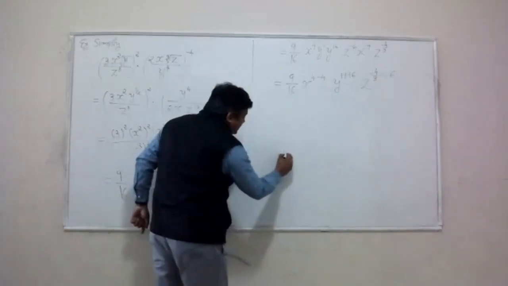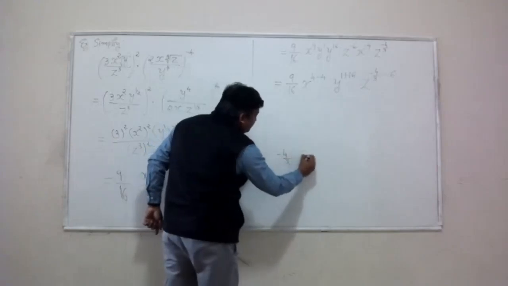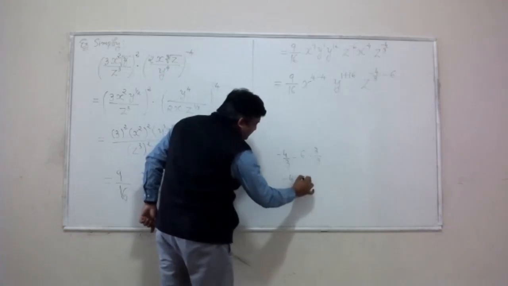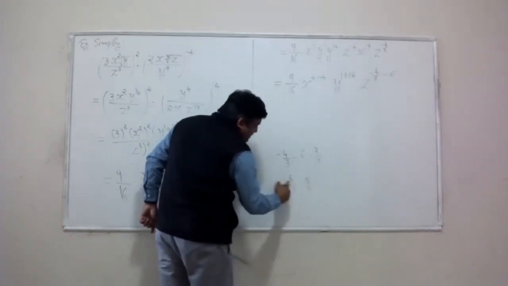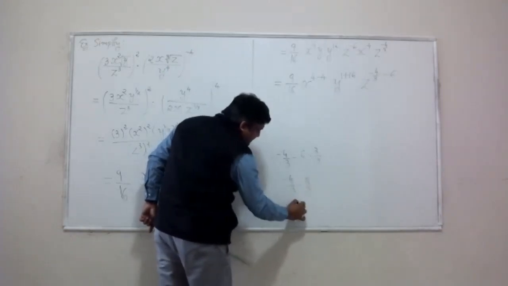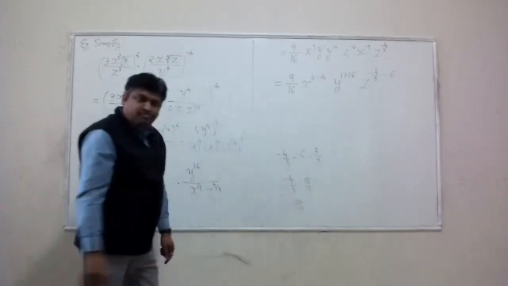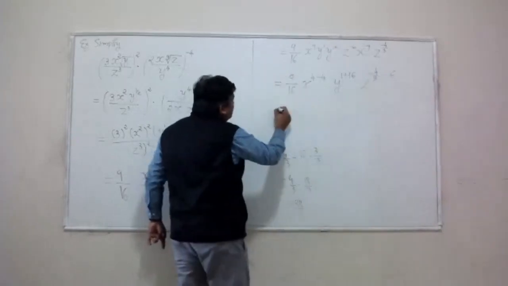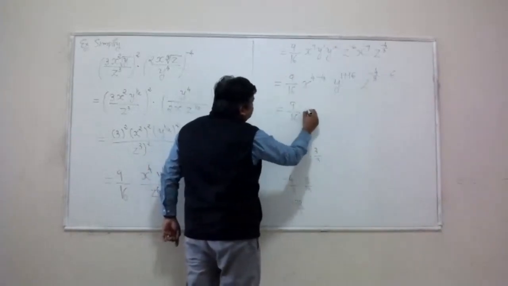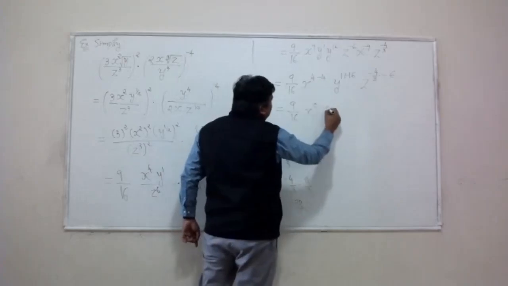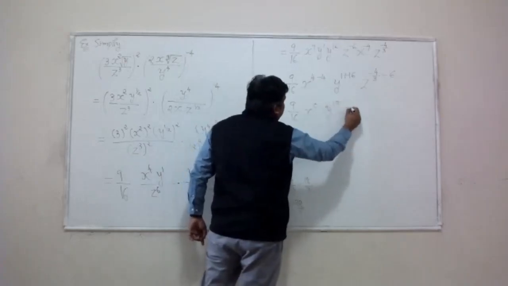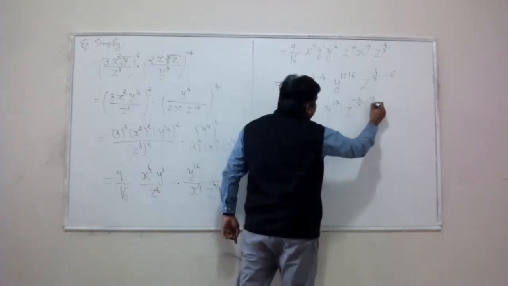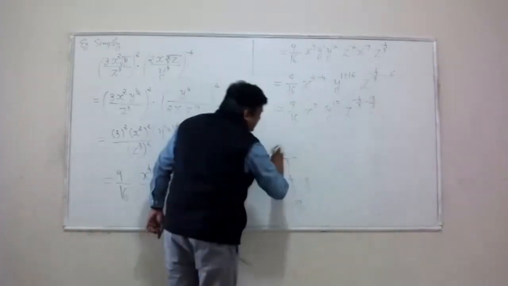All you have to do is find the common denominator, make it visible under both terms, and then simplify the numerator. So negative 4 minus 18, that's negative 22 over 3. I'm going to do that over here. 9 over 16, x to the power 0, y to the 17, and z to the negative 4 by 3 minus 18 by 3.